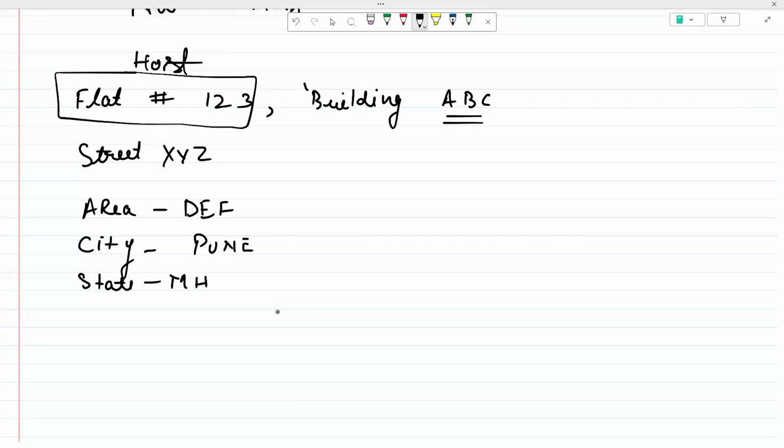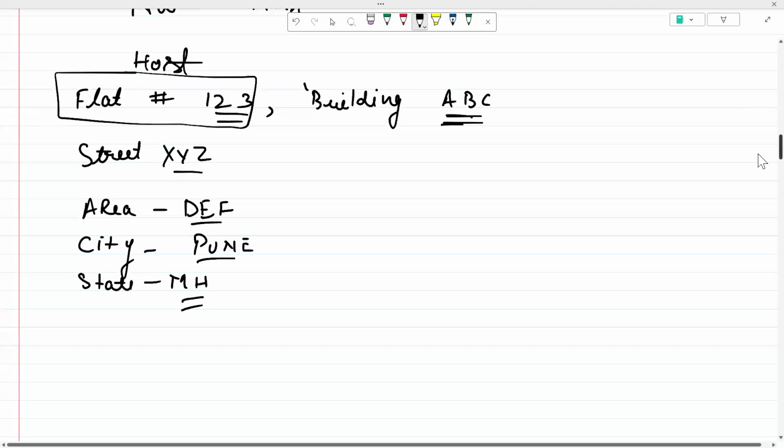It is not going to change, because all of us live in Maharashtra, all of us live in Pune, all of us live inside area DEF, all of us live in the street XYZ, all of us live in the building ABC. However, our flat numbers are different. So the only thing that is changing between my address and my neighbor's address is the flat number. The rest of the thing remains the same.